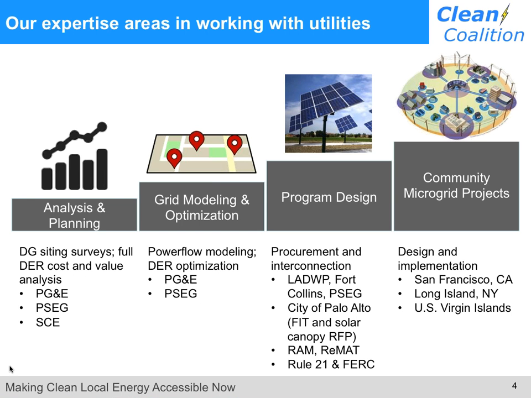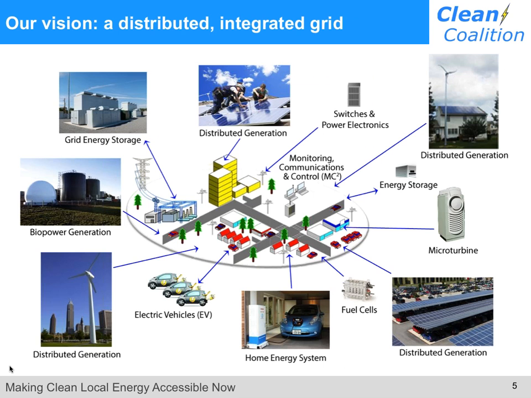Our 2020 objectives are, from 2020 onward, all new electricity generated in the U.S. will come from at least 80% renewable sources and 25% local renewable sources. And by 2020, policies and programs will ensure the successful fulfillment of the above, reflecting the full value of local renewable energy and a modern grid, and including economic and environmental and resilience benefits.